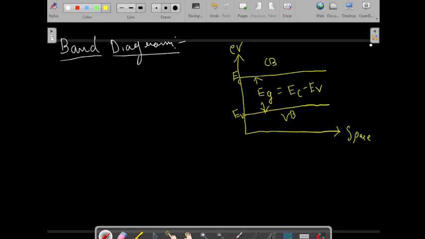So the actual picture is this: this is EC, the conduction band, and this is EV, the valence band, and this is the band gap.